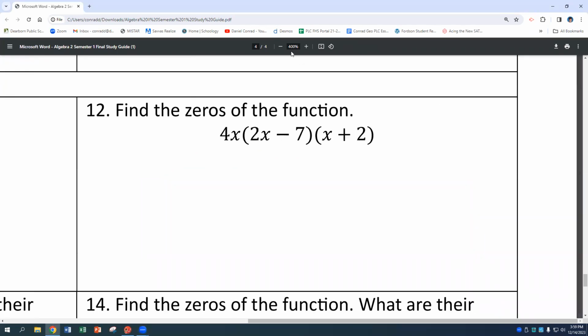Okay, over here, again, we want the function to be equal to 0. So I need to do 4x equals 0, 2x minus 7 equals 0, and then x plus 2 equals 0. So if I divide both sides by 4, I get x equals 0 divided by 4 is 0.